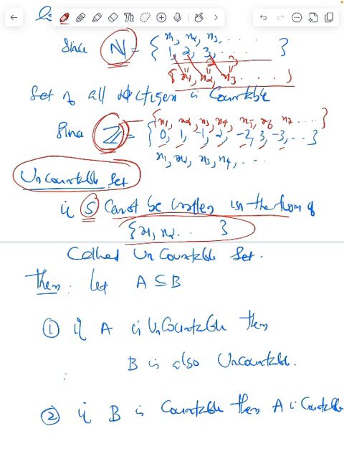In other words, S is uncountable when S is not countable. That is, if S cannot be written in this form, at that time we can say that the set S is an uncountable set.